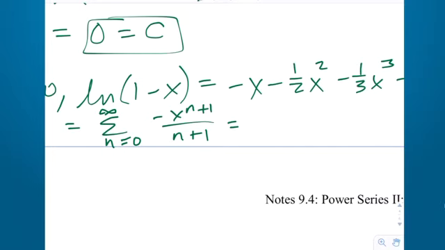You can actually pull this negative here, because this is not like the quantity negative x. This is just like a negative number times x. So much like in an integral, you could pull that negative out front. And let's just think about it. If x is negative 1, what is negative 1 to the n plus 1? That's an alternator, isn't it?